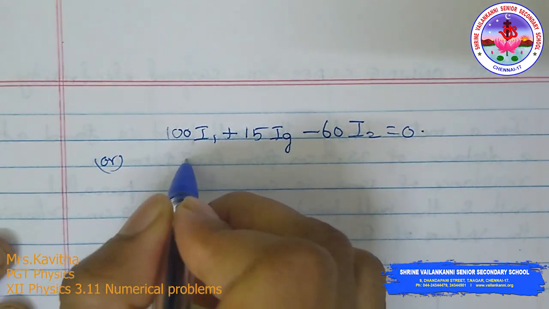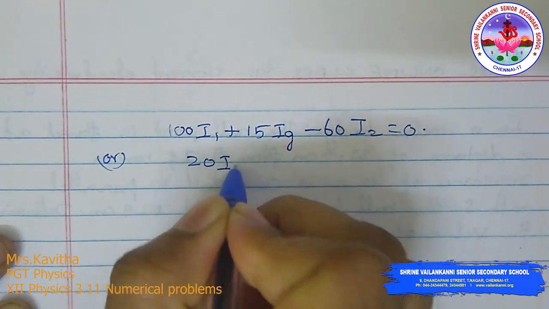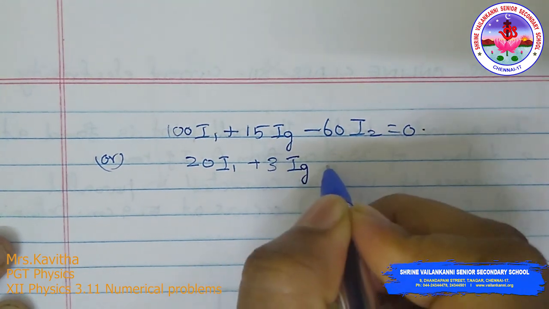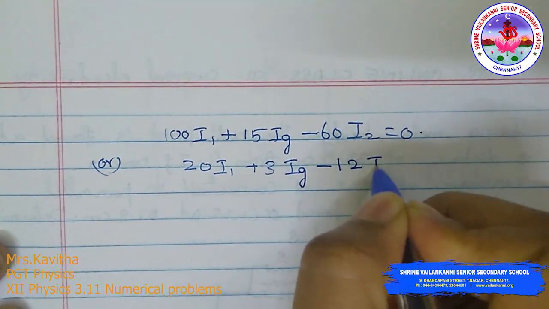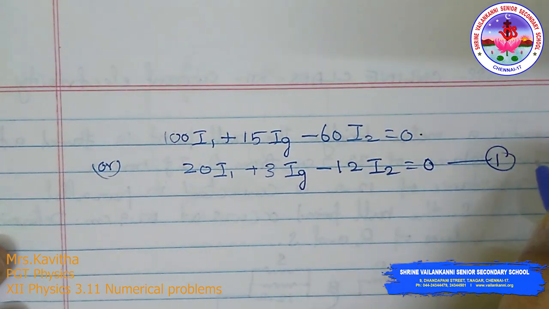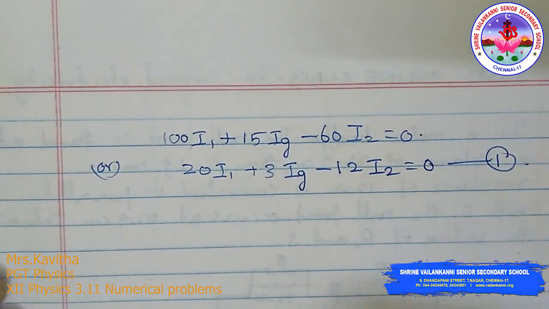By simplifying it, we get 20 I1 plus 3 Ig minus 12 I2 equal to 0. This we can take as equation 1.